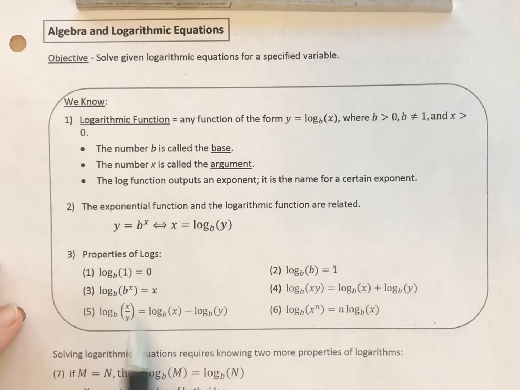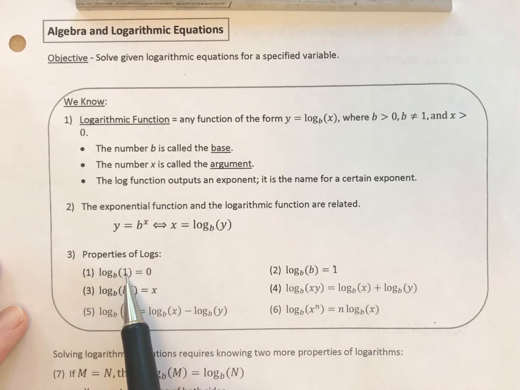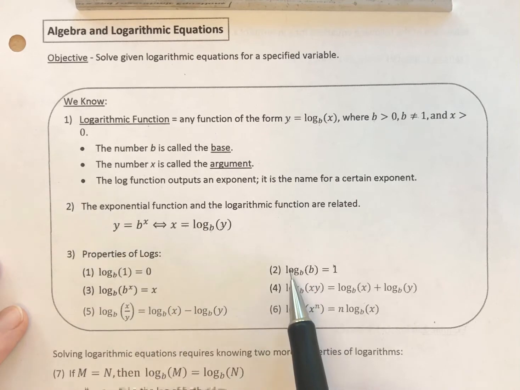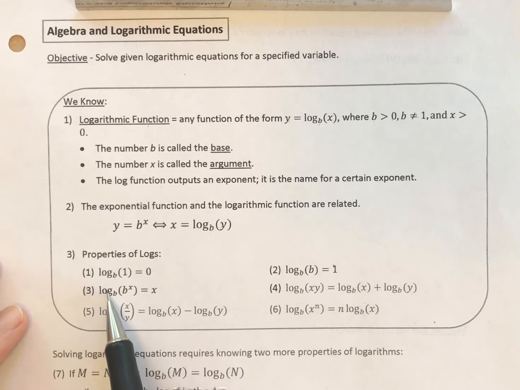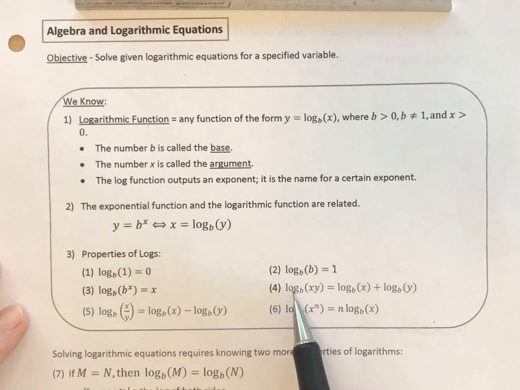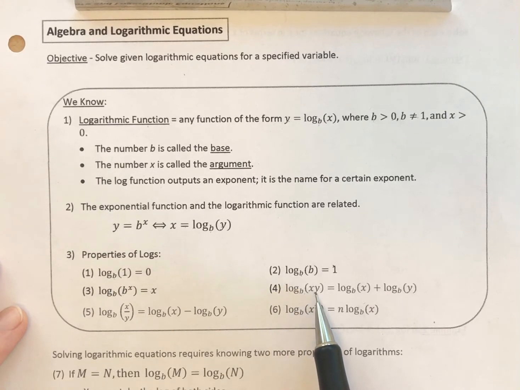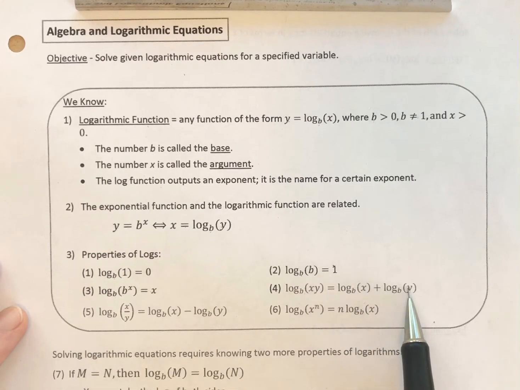And we know some properties of logarithms. The log base b of 1 is 0. The log base b of b is 1. The log base b of b to the x is x. The product property: the log base b of a product equals the sum of the logs of the factors.